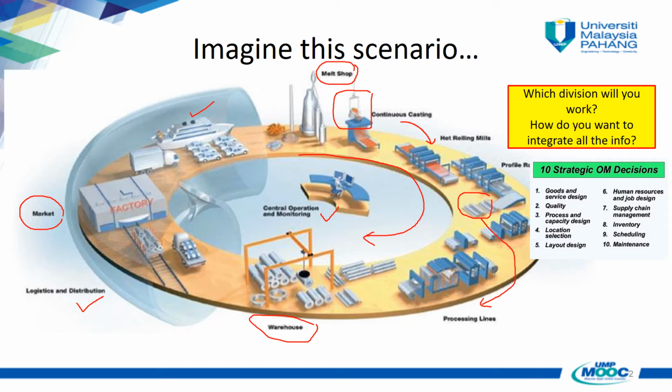So from this condition, do we know which division you as a future engineer will be working in? Either you are working in operation, or in maintenance, or in planning, research and development, or as quality assurance, QA, or quality control.